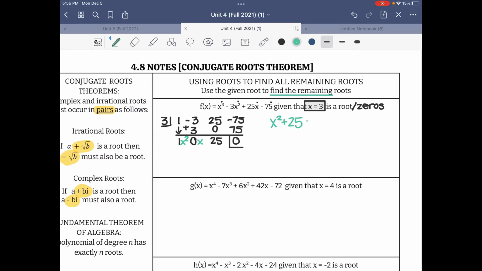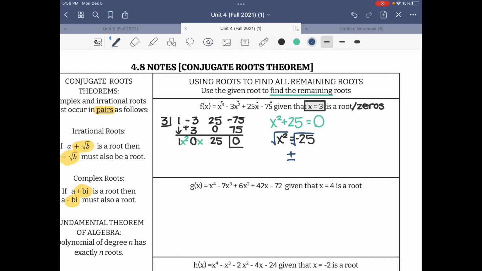By solving this equals 0. So I'm going to get x squared by itself by subtracting 25 to the other side. And then I take the square root on both sides. And whenever I do that square root, my first thought should be, I need a plus and minus.